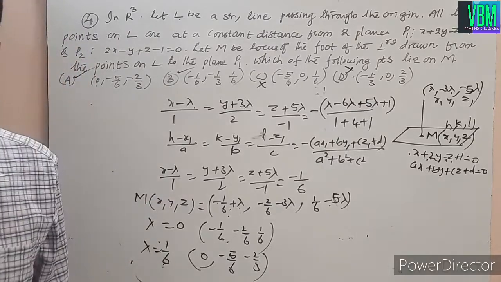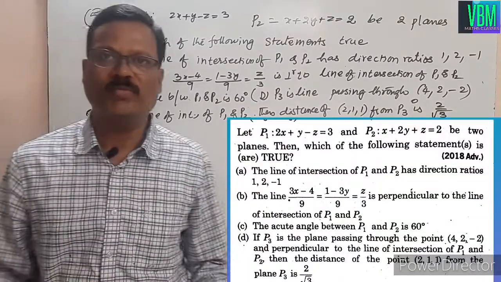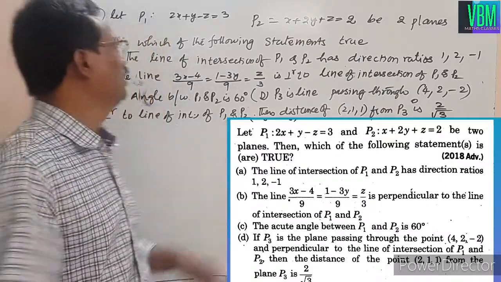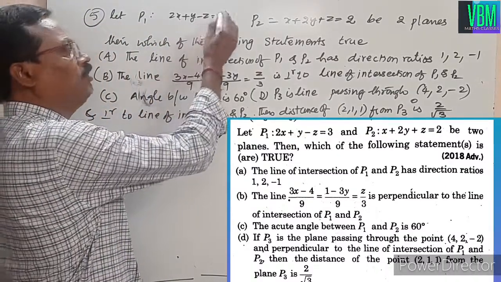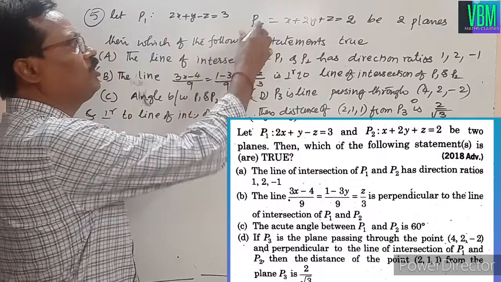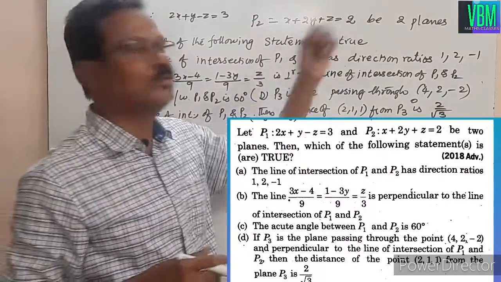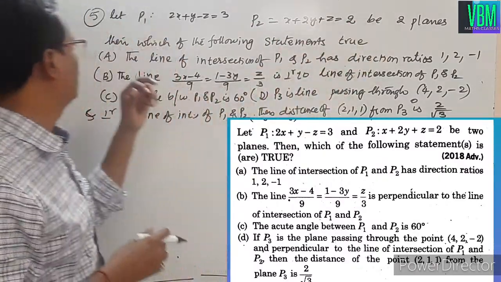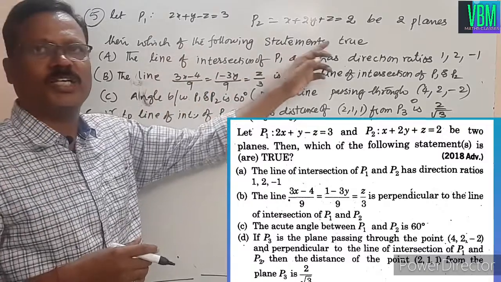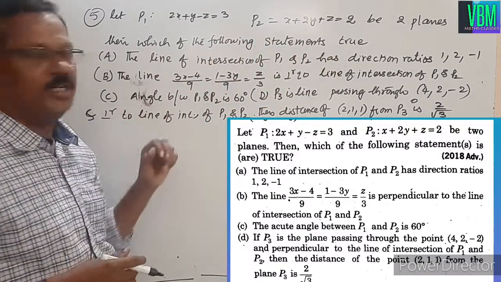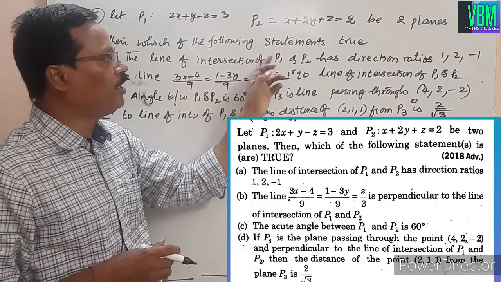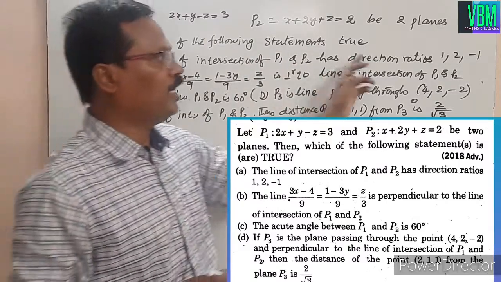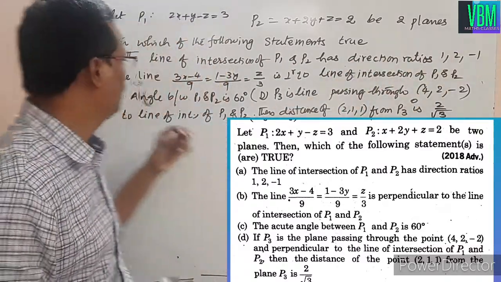Okay. See the next problem. Here the next problem: P1 is 2x plus y minus z equal to 3, P2 is x plus 2y plus z equal to 2, be two planes. Then which of the following statements is true? Option A, the line of intersection of P1 and P2 has direction ratios 1, 2, minus 1.